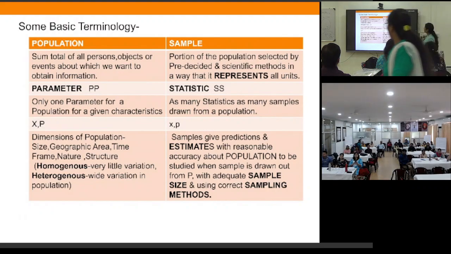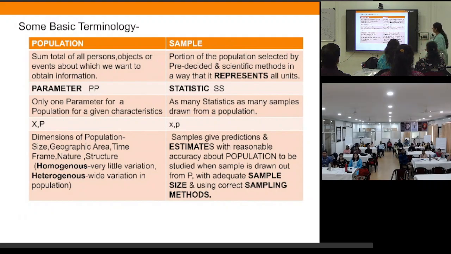The objects or events about which we want to obtain information are the population. For example, census is a very big exercise which covers the whole population. A sample is a portion of the population selected by pre-decided methods in a way that it represents all units. Whenever you are picking a sample, it has to be representative of the population. How will you ensure that?